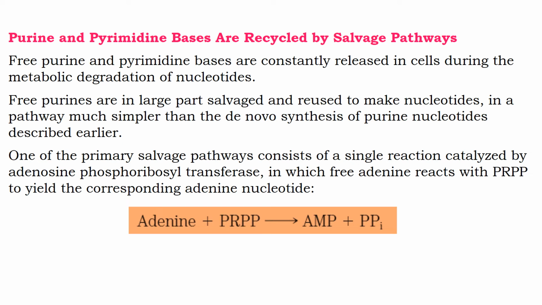The purine and pyrimidine bases are recycled by the salvage pathways. How are they recycled? The free purines and pyrimidine bases are constantly released into the cells during the metabolic degradation of nucleotides. We know that from GMP we will get guanine, from AMP we will get inosine.